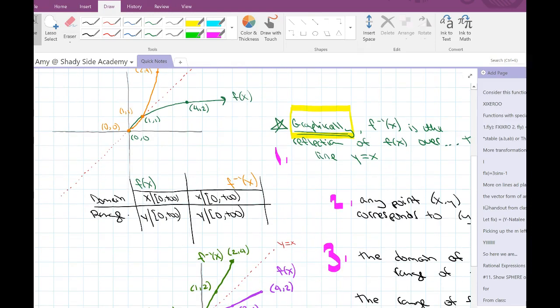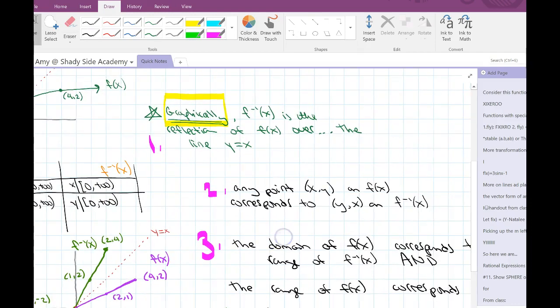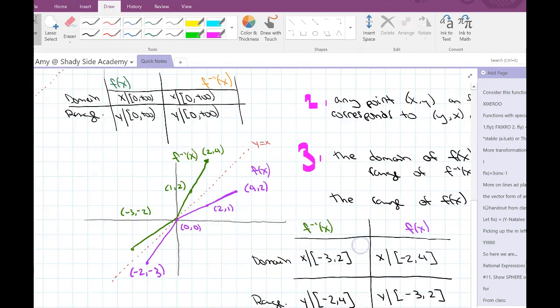And now the first example here, if you look at the domain and range of f and the domain and range of the inverse of f, it may look like to the casual observer that, oh, the domain and range of f and the inverse of f are the same. And while that's true, yes, I want you to understand that what is still happening here is that the domain of f is still the range of the inverse, and the range of f is still the domain of the inverse. Okay?